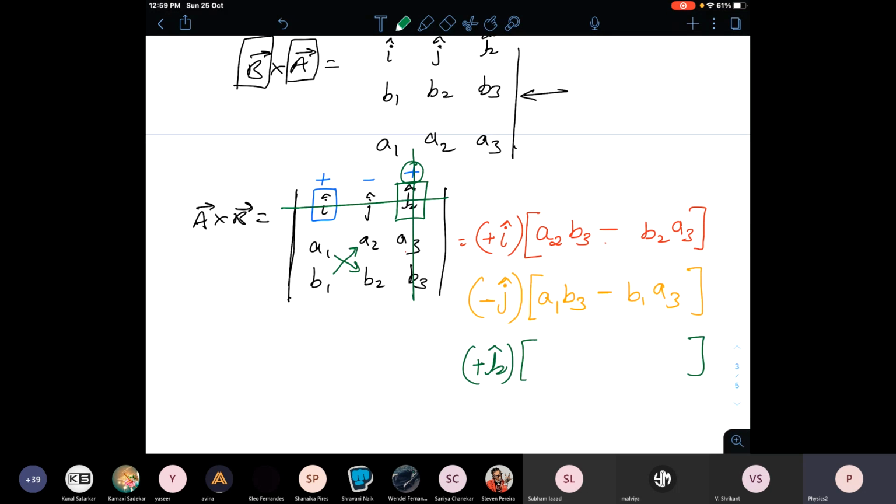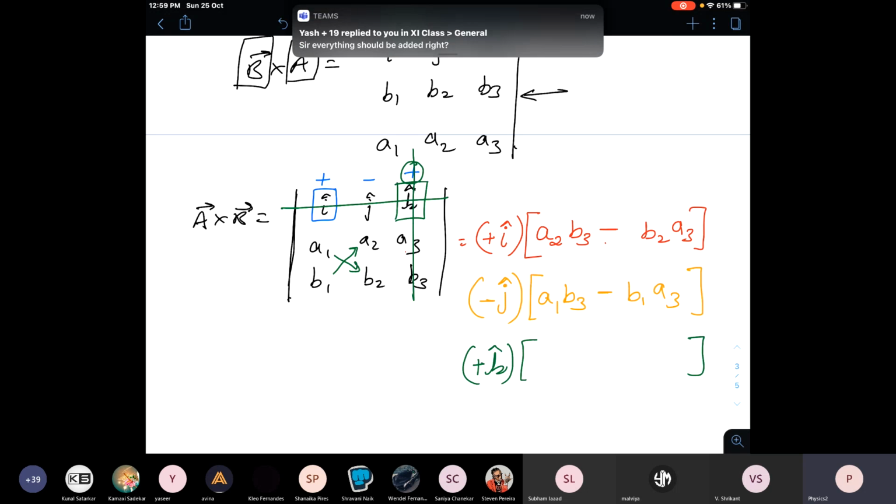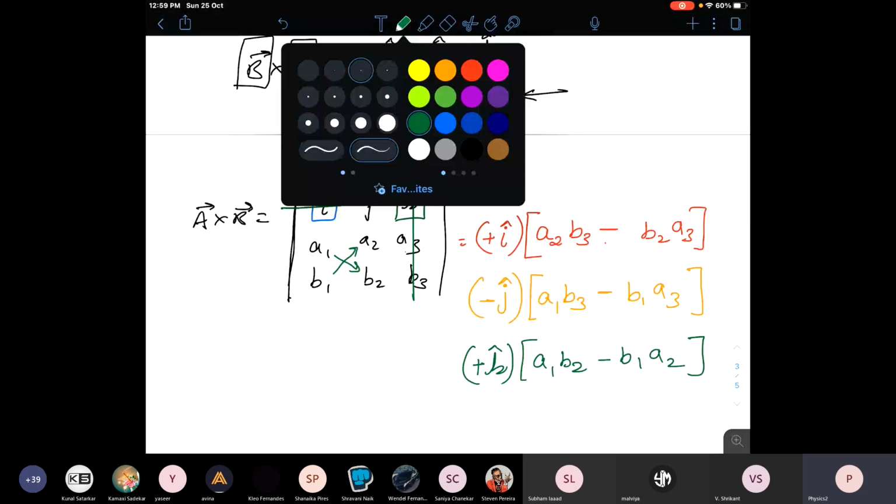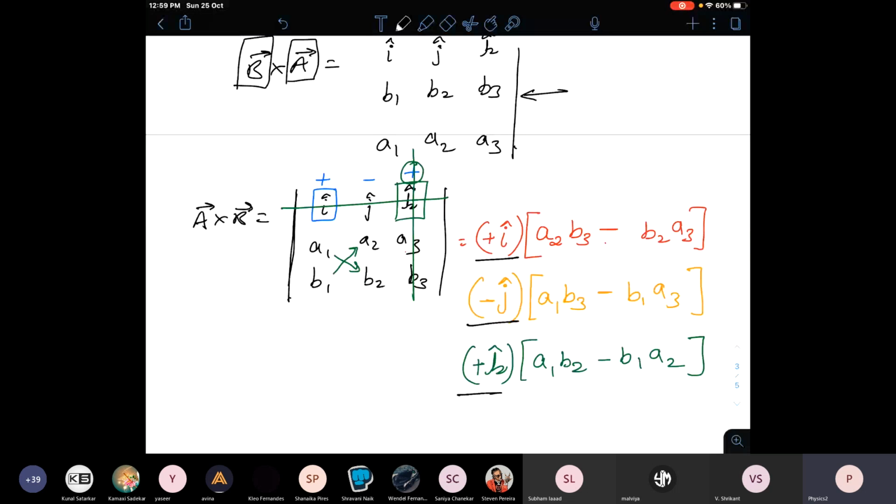The term which you will get as the coefficient will be A1 B2 minus B1 A2. Now I have got three terms. You have got I cap, J cap, K cap.